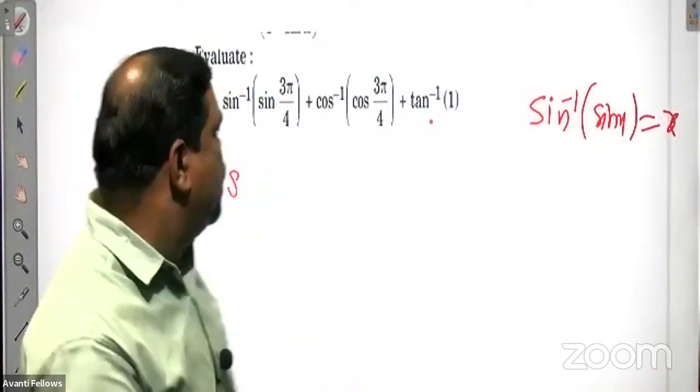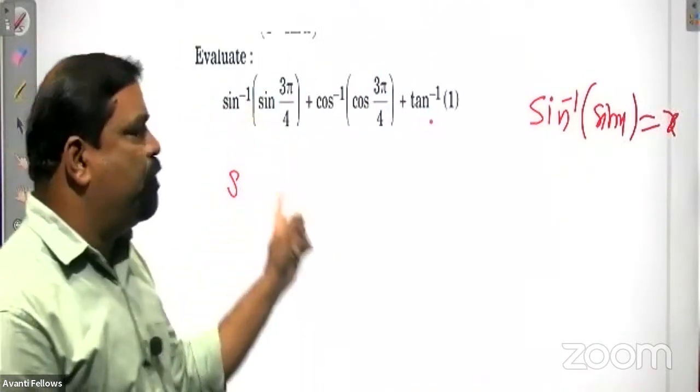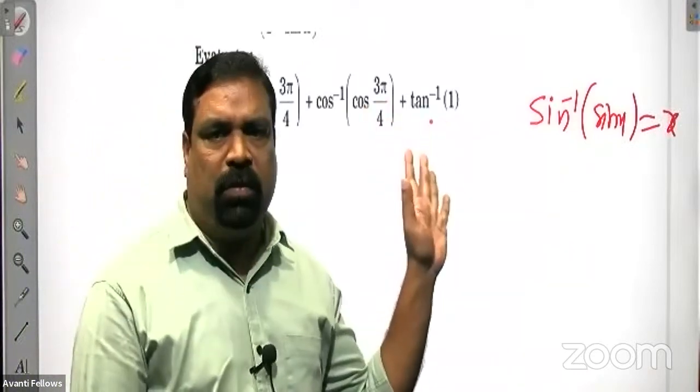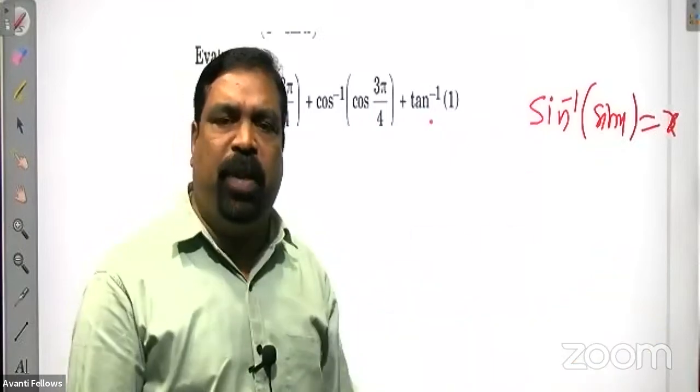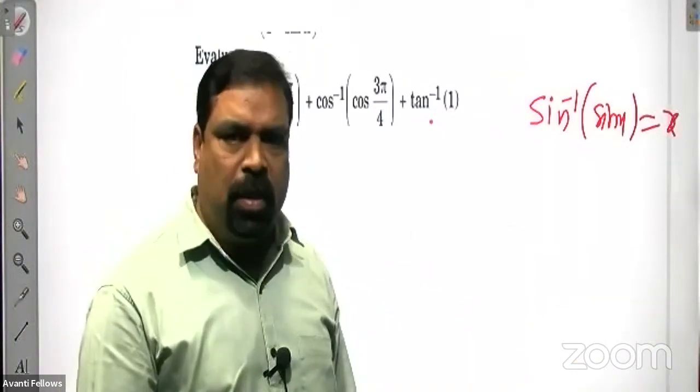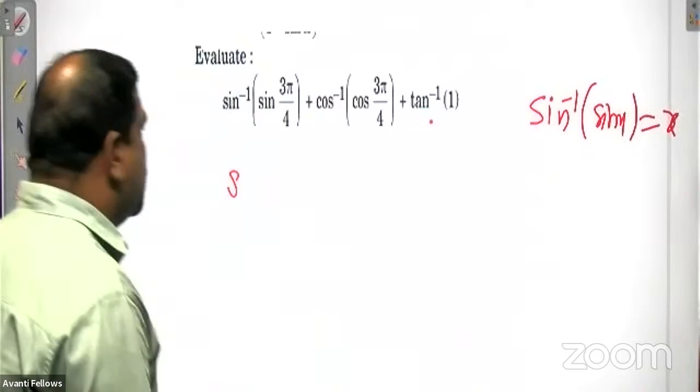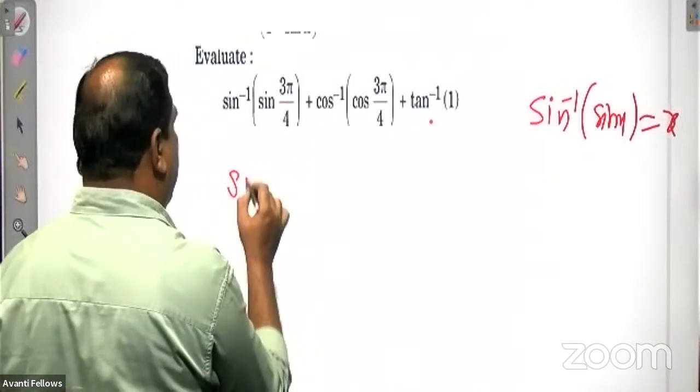Don't directly write sine inverse sine 3 pi by 4 is 3 pi by 4. That is wrong, because 3 pi by 4 is not in the principal value branch of sine inverse function, isn't it? So first you take the sine 3 pi by 4 only.